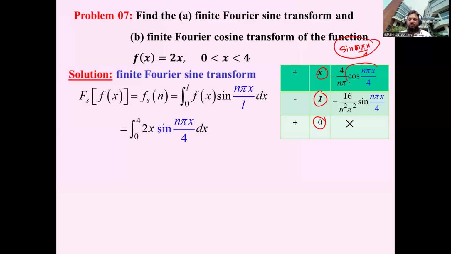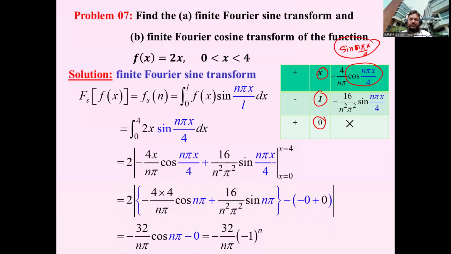And the next integration will be minus 4 times 4, that is 16 by n square pi square sin(n pi x by 4). So now you can write: the first term is minus 4x by n pi cos(n pi x by 4), and the second term, minus and minus being plus, is 16 by n square pi square sin(n pi x by 4).